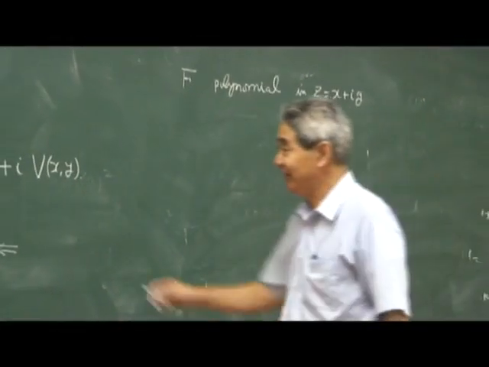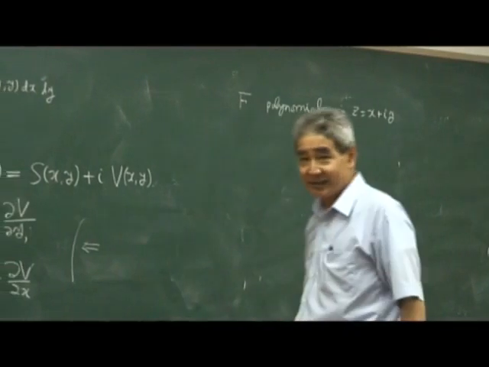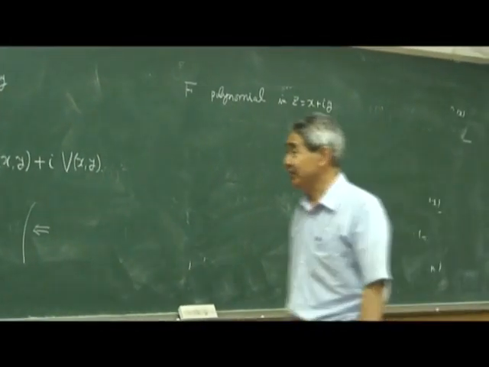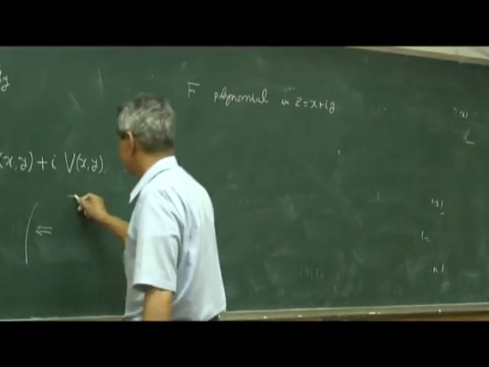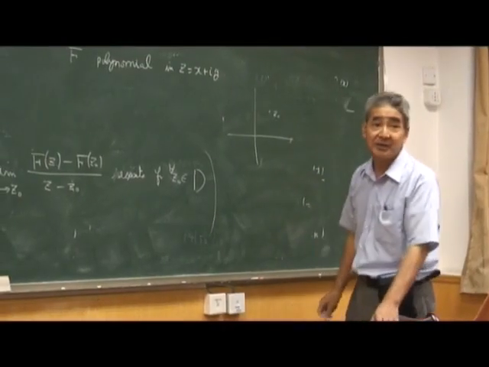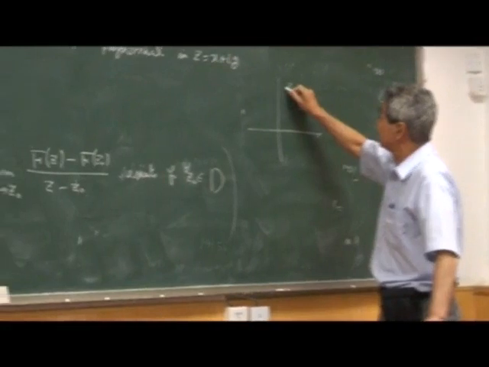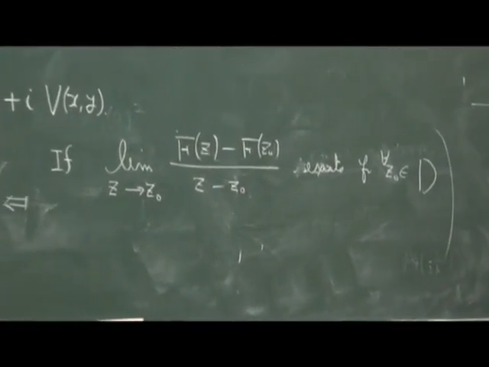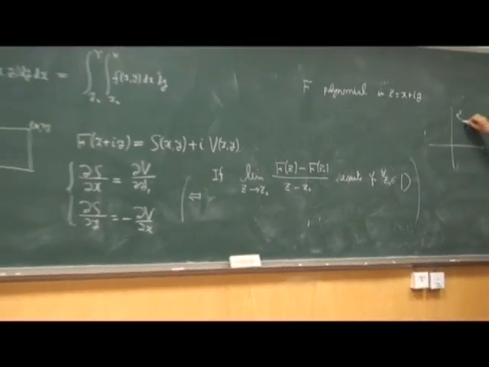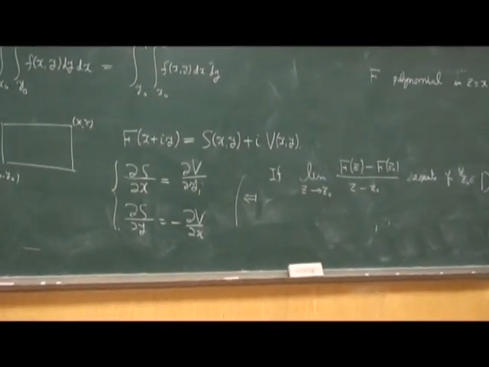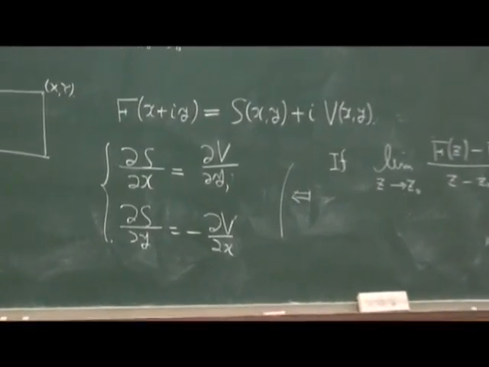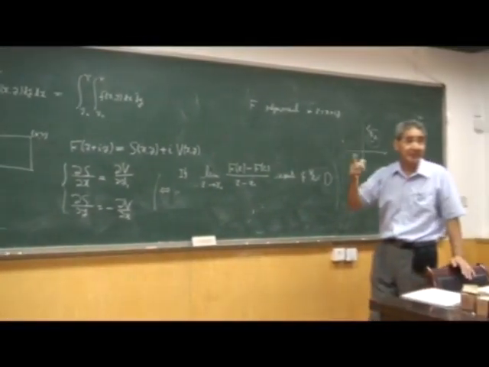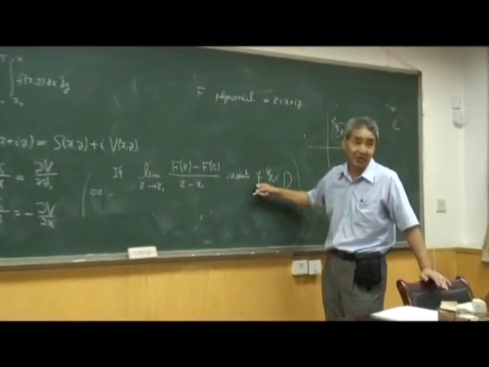So this is an afterthought, and later, for example, Riemann clarified it: if z goes to z0, there are many ways to approach. So it's really a two-dimensional thing. So this condition is really strong.